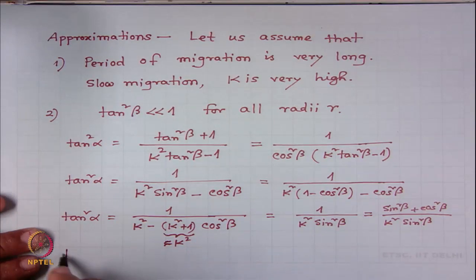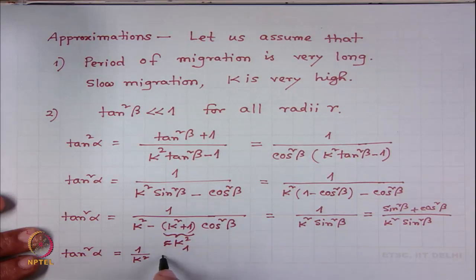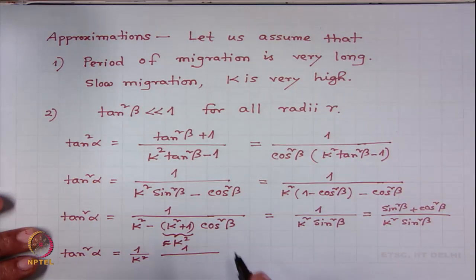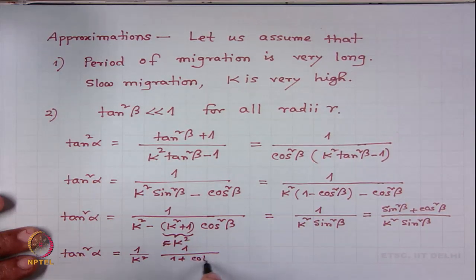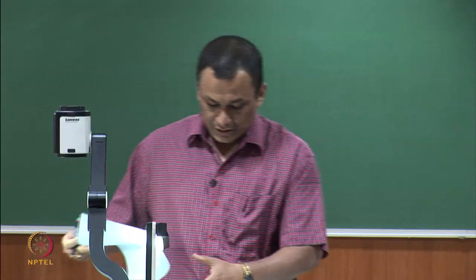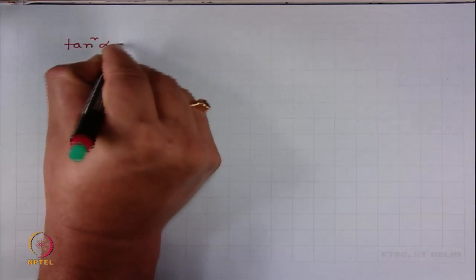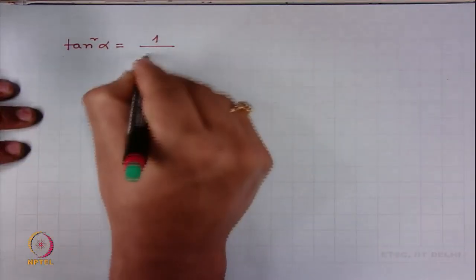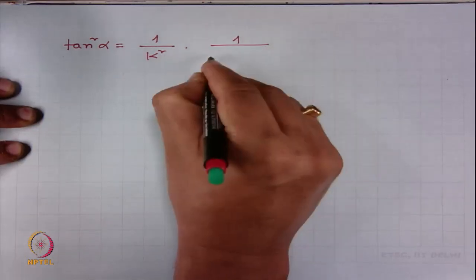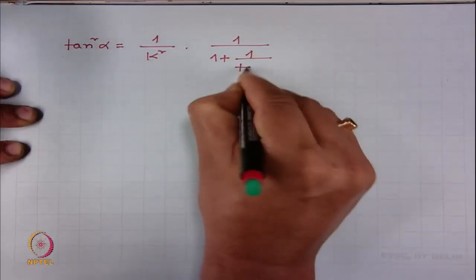Then you see tan square alpha is equal to 1 by k square, 1 by 1 plus cot square beta. Let us go to the next page. So, tan square alpha is equal to 1 by k square into 1 plus cot square beta. So, 1 plus tan square beta.